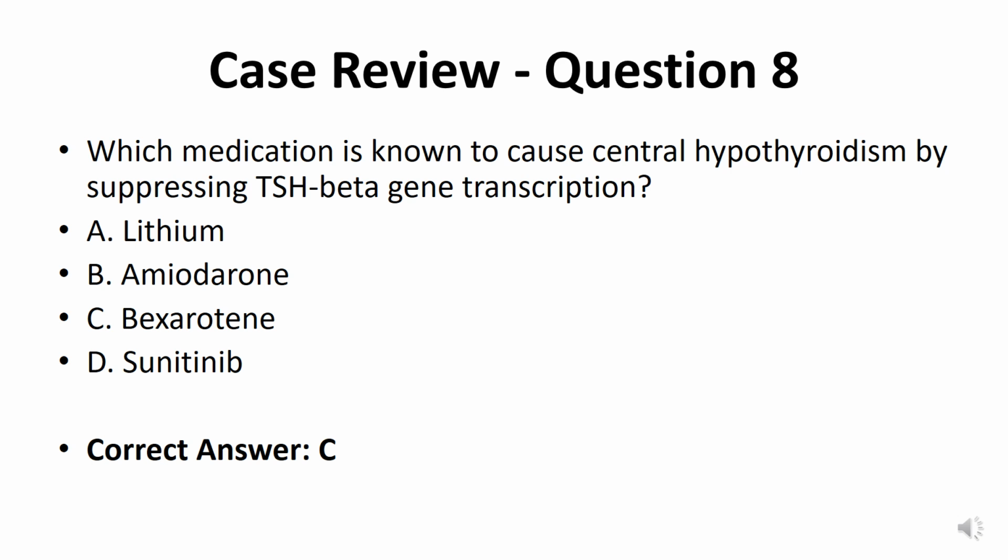That is why clinicians must interpret TSH and free T4 levels together, especially in patients taking medications known to affect central endocrine regulation. So, the medication known to cause central hypothyroidism by suppressing TSH-beta gene transcription is Bexarotene, making answer C correct.